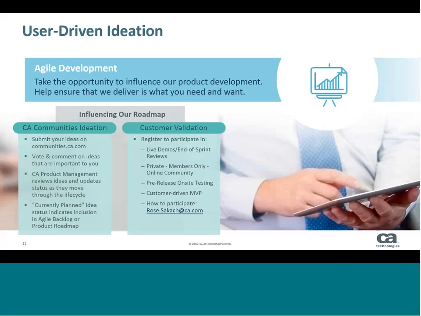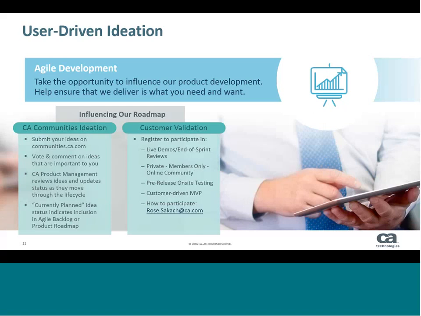So you're influencing our roadmap on the one hand by submitting your ideas. We're prioritizing those. You're interacting and engaging with us. Hopefully, you're also seeing that we're communicating back through that forum, through the change in status or state of those ideas.